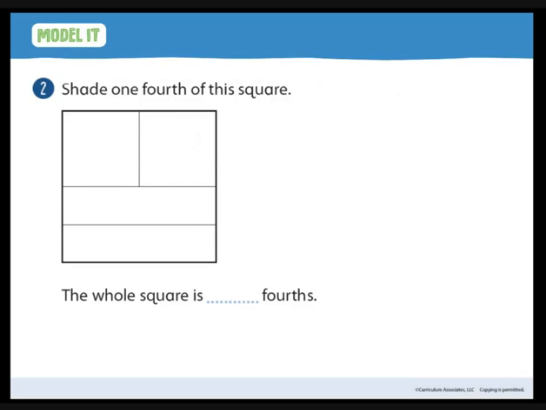The whole square is blank fourths. I want you to think about how you know you shaded 1/4 of the square.